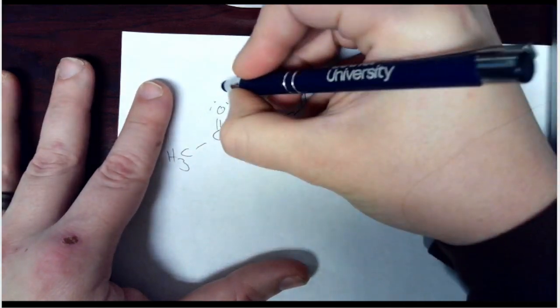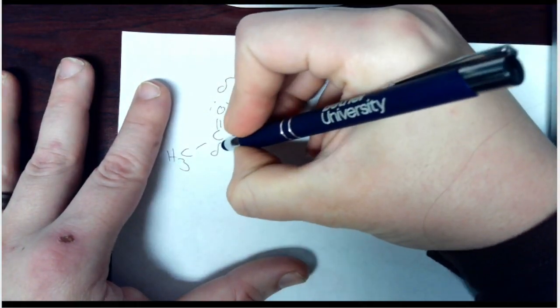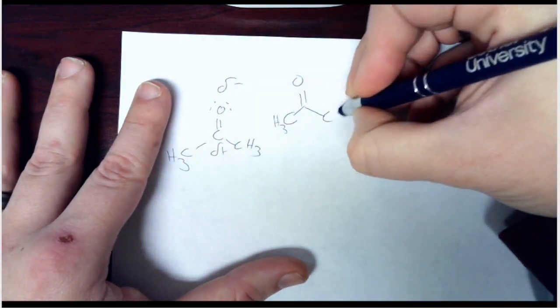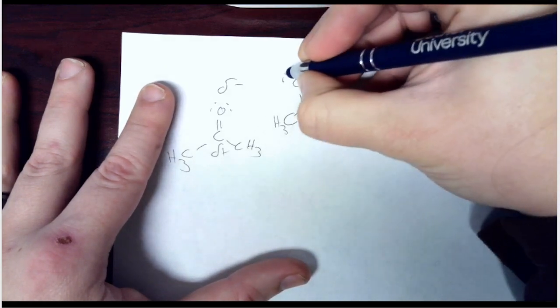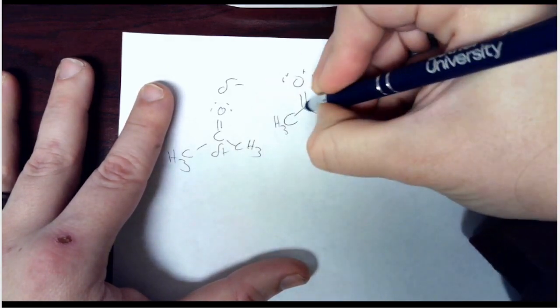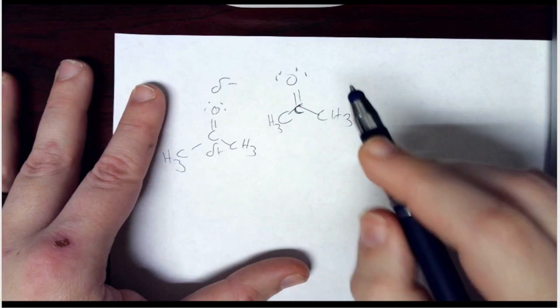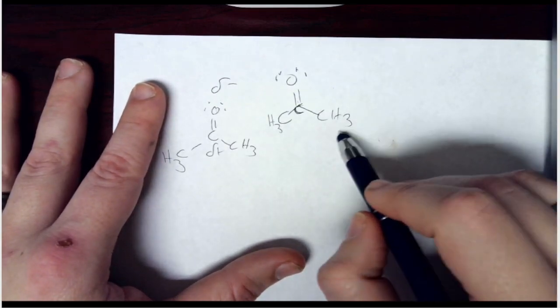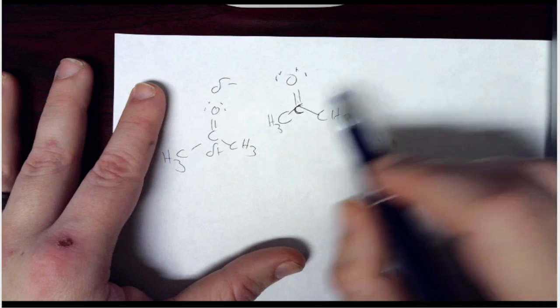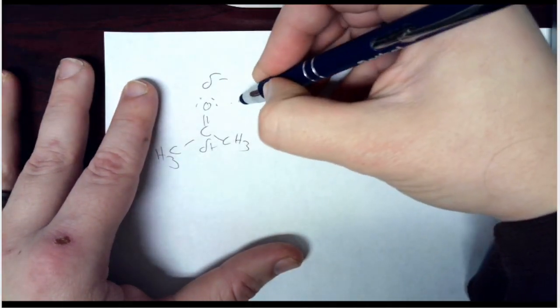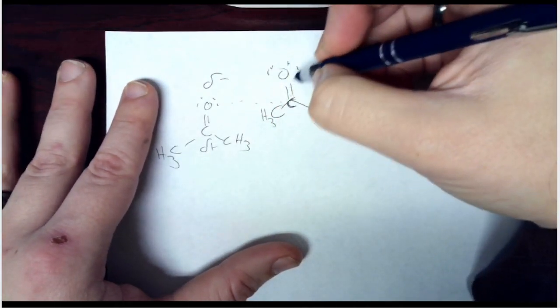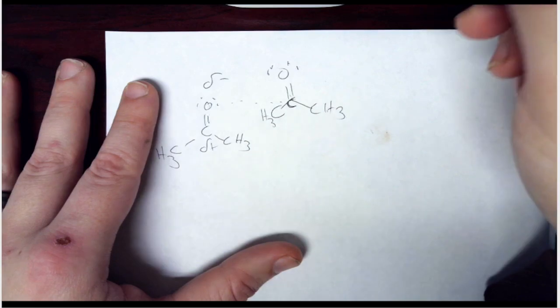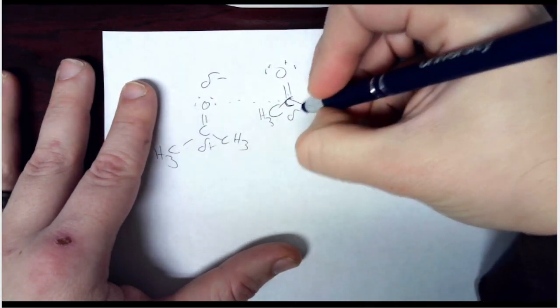It has a dipole, but it cannot hydrogen bond to other acetones because there's no OH bond. There's a CH bond, but no OH bond. So they can definitely have a dipole, but you cannot get a hydrogen bond.